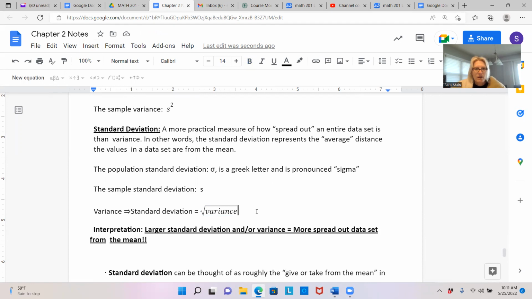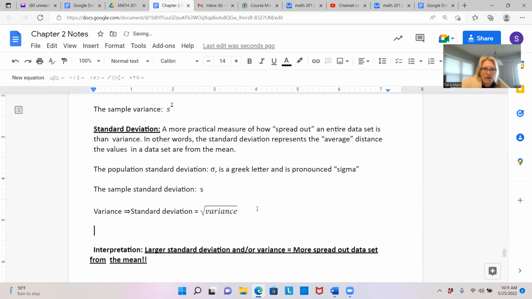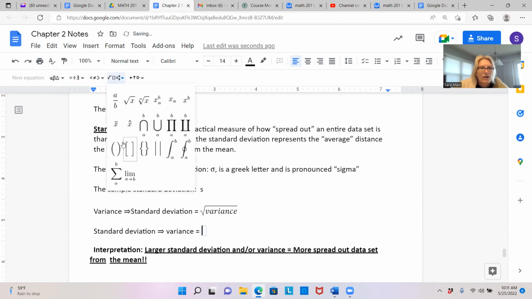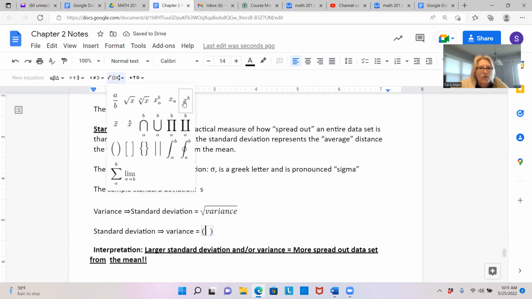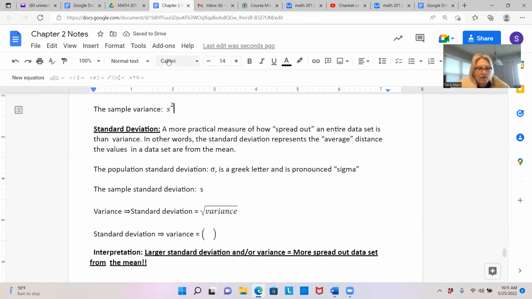And to go from the standard deviation to the variance, we're going to square the standard deviation.